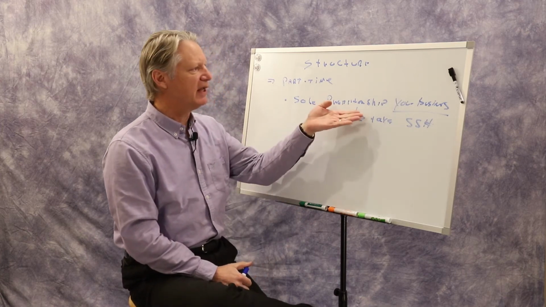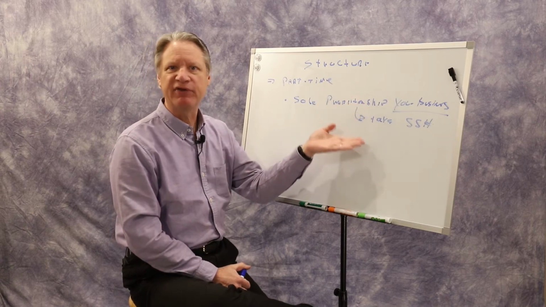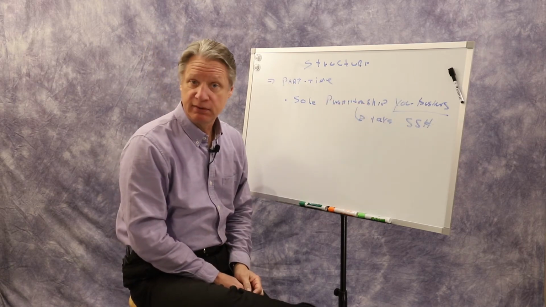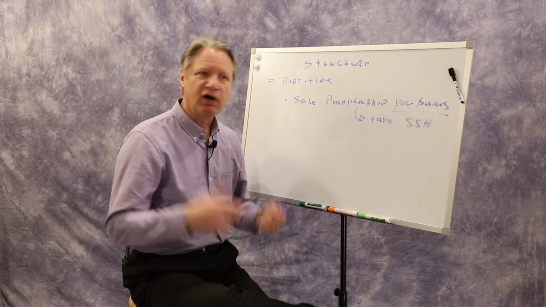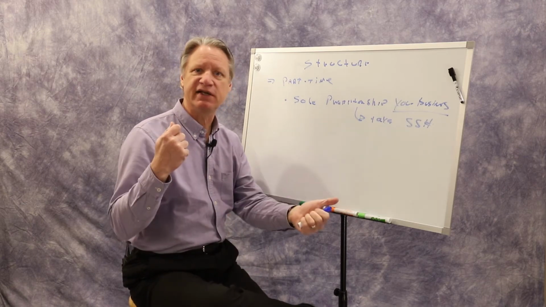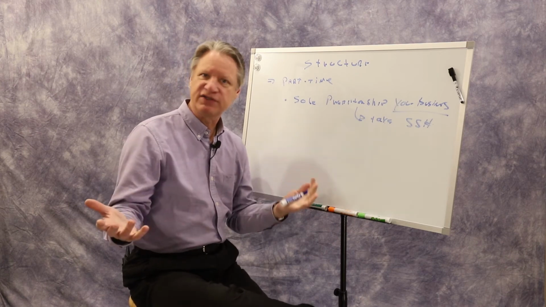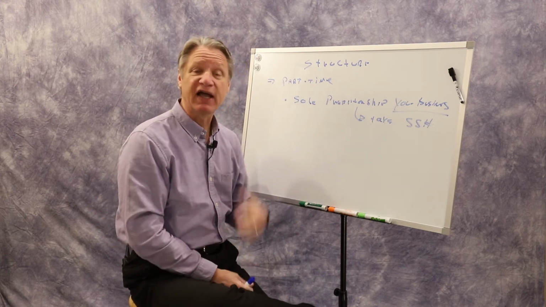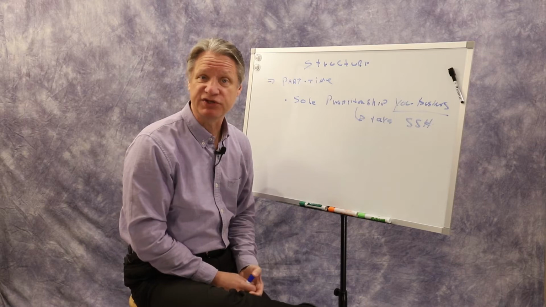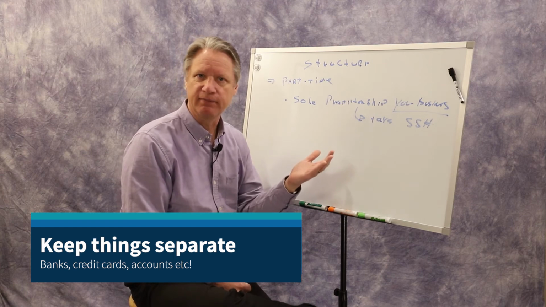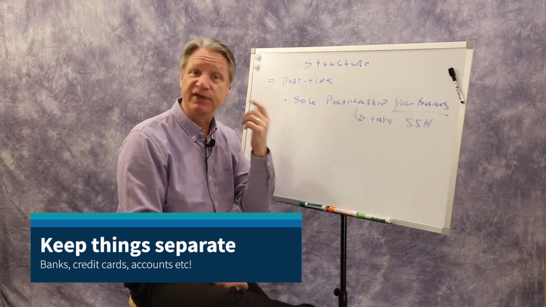But then you have to think about, well, how am I going to keep things separate, okay? Because you don't want to be mixing receipts and expenses and all that stuff. So you have to try to keep things separate, right? I always just used to use my American Express credit card, and I put everything on my business on that card.